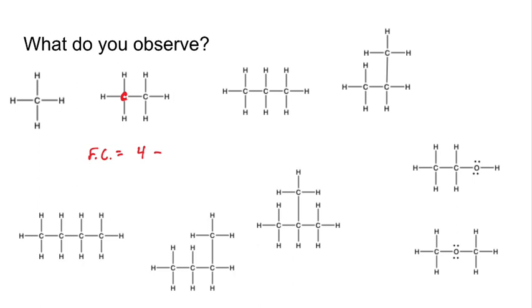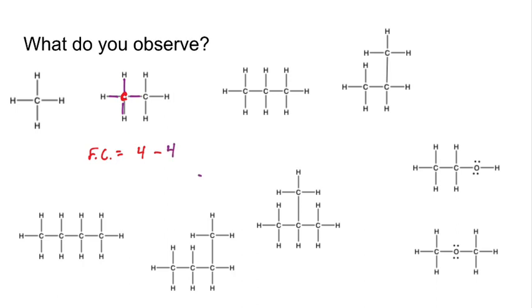The question was how many bonds, not how many electrons. So the bonds are the number of lines around it. Bond, bond, bond, bond. There are 4 bonds around that carbon.